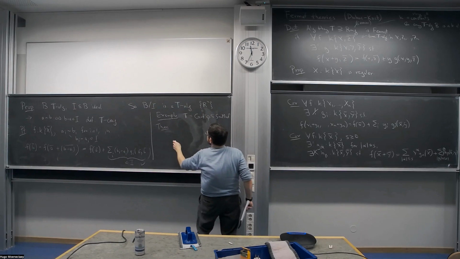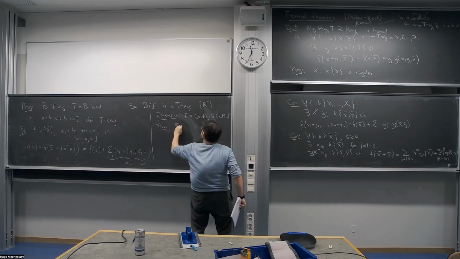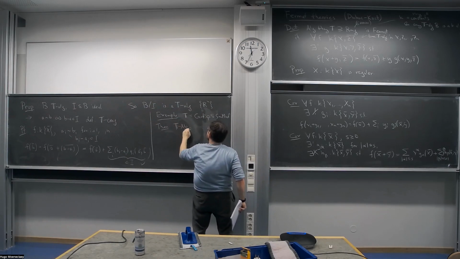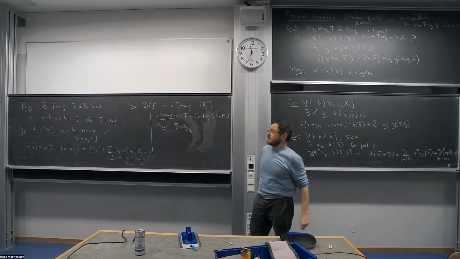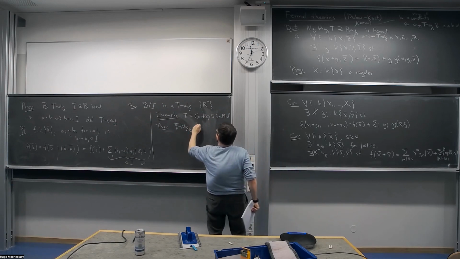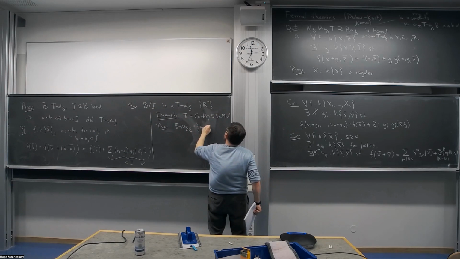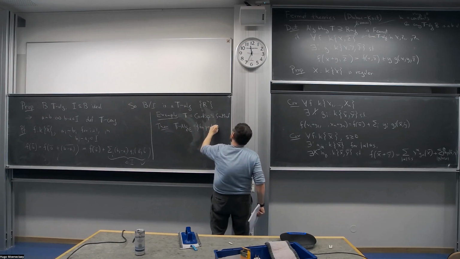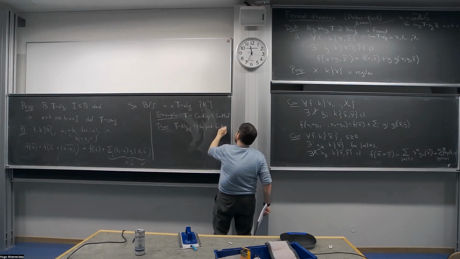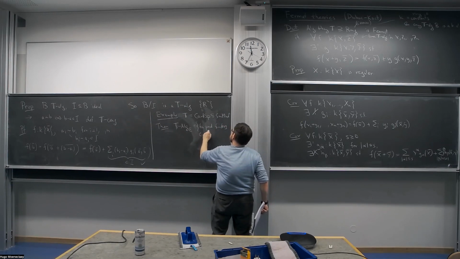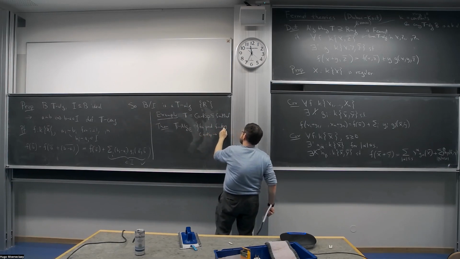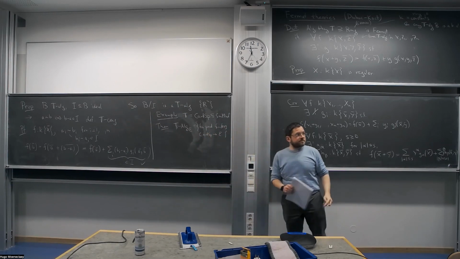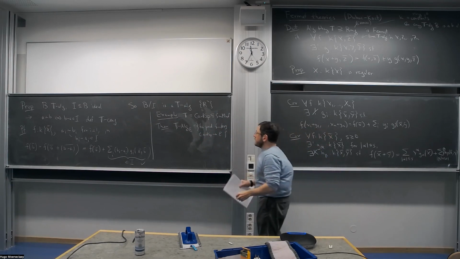Just to remind you how that works, T-algebras in some finite product category E are the same as finite product functors on the Cartesian spaces.